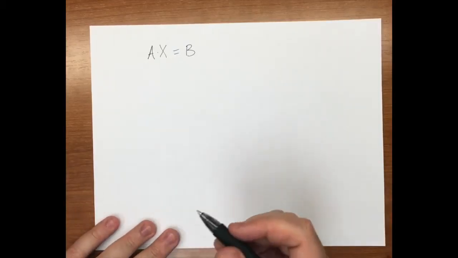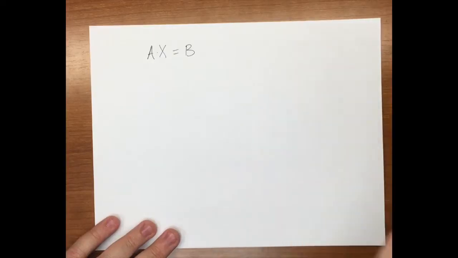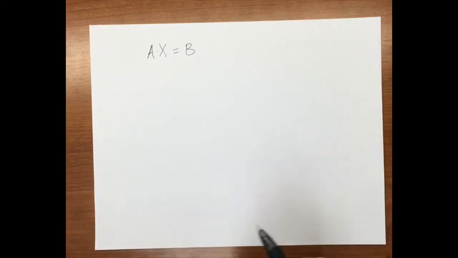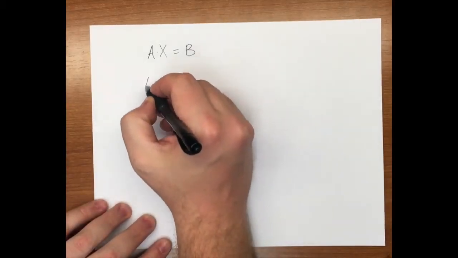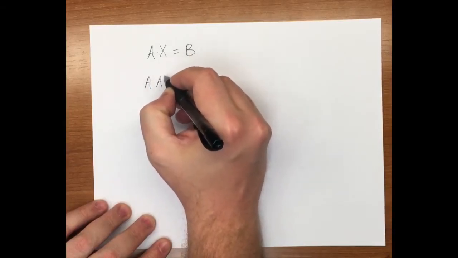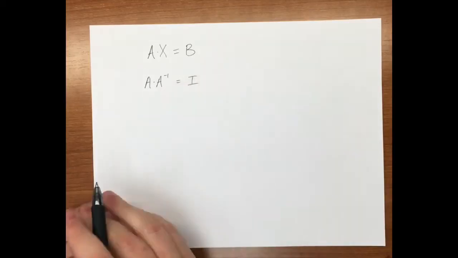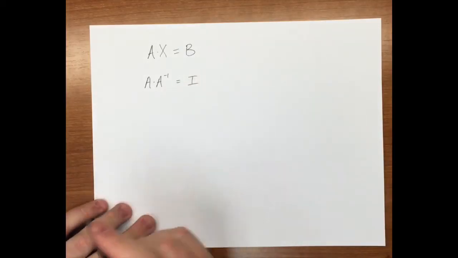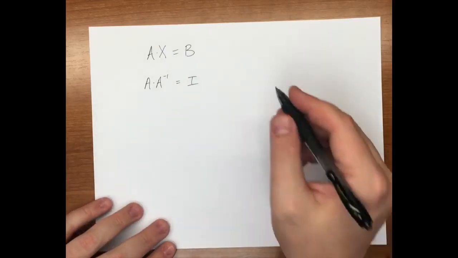We said that multiplication with matrices is not commutative, so what's going to matter is we need to talk about multiplication on the left versus multiplication on the right. Those two things are going to be very different. But one thing that's nice about inverses is that when you multiply A and A inverse together, you're going to get something called the identity matrix, which we're going to call capital I. This identity matrix is kind of like the number 1 when we talk about real numbers.